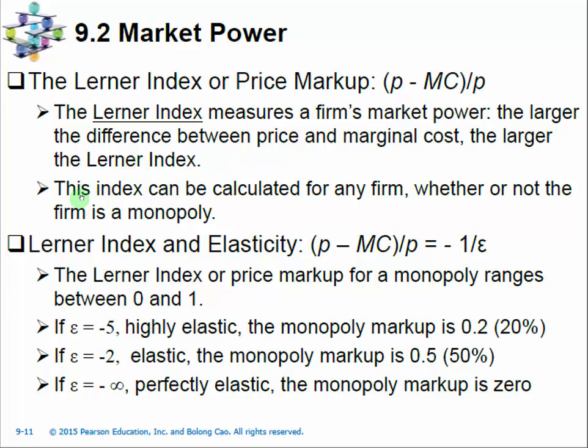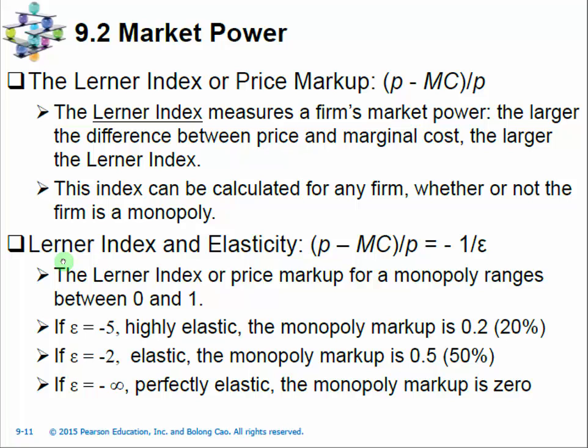In addition, this index can be calculated for any firm, not just a firm that is a monopolist. It can be firms in oligopoly or monopolistic competition. Whenever a firm can set its price, whenever the firm is not a price taker, then we say the firm has market power, and we can use the Lerner Index to measure that market power.